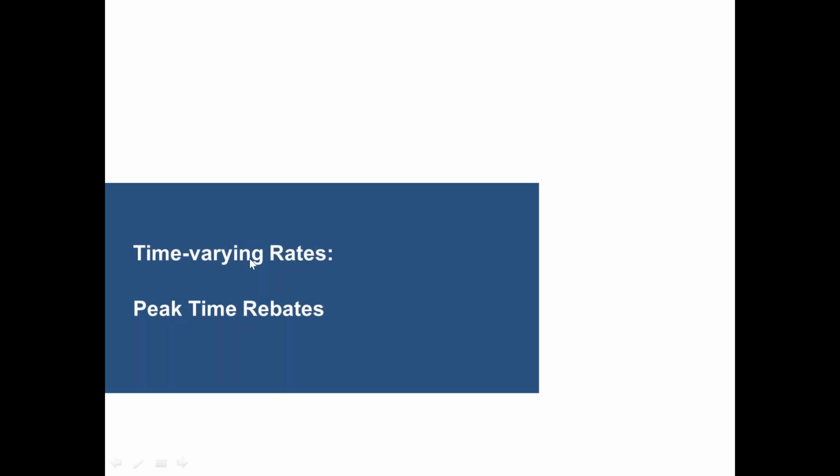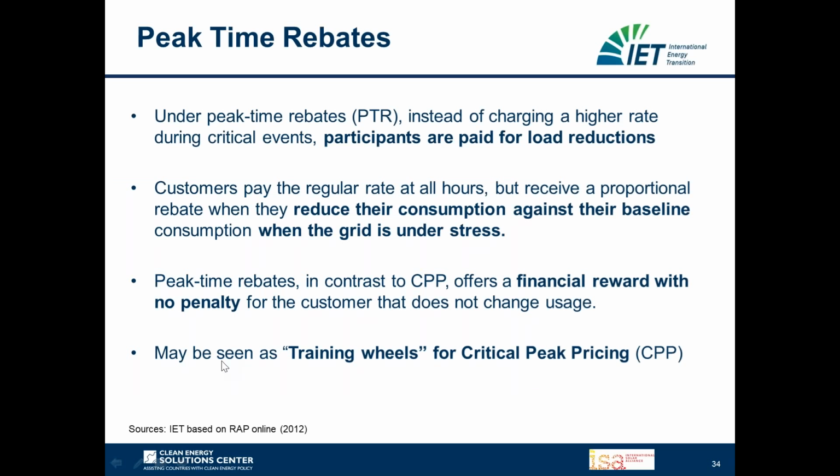Yet another variation of time varying rates are peak time rebates. This is used in many jurisdictions around the world, and instead of penalizing participants of these programs, they actually get a carrot, so they are being remunerated for this.